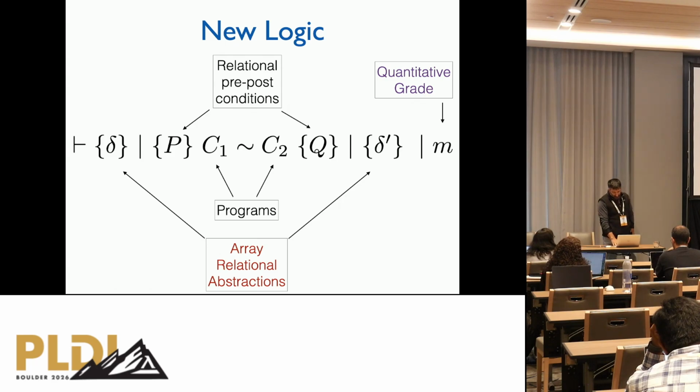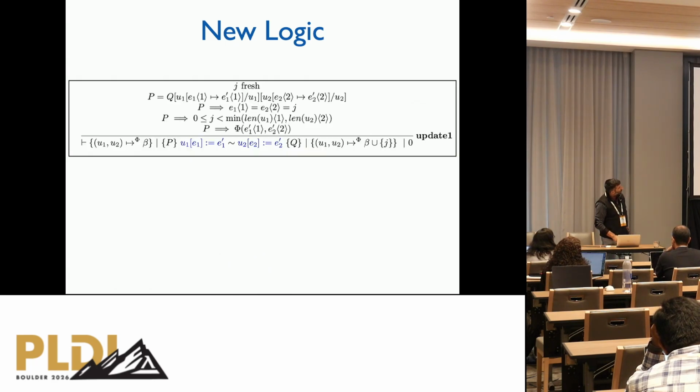Now, what does the logic look like? Horrible, like this, with a lot of assumptions. But of course, I don't want to go too much into this. What I want to emphasize here is that this is just one rule for update. It's called update 1, which hints already that we have an update 2, which I will show you next.